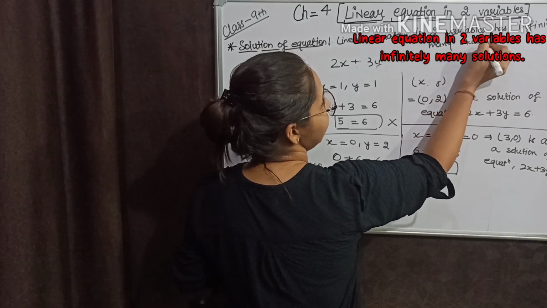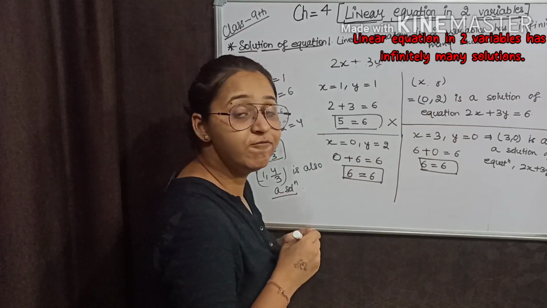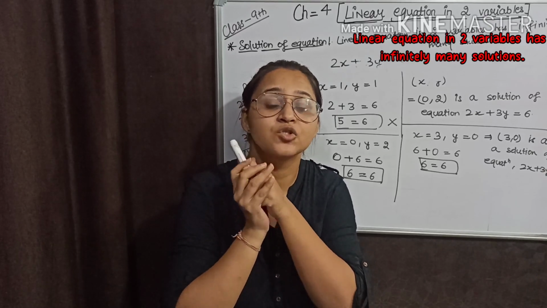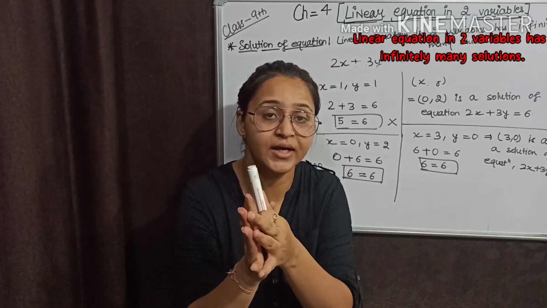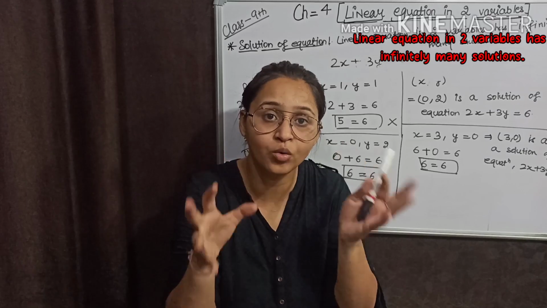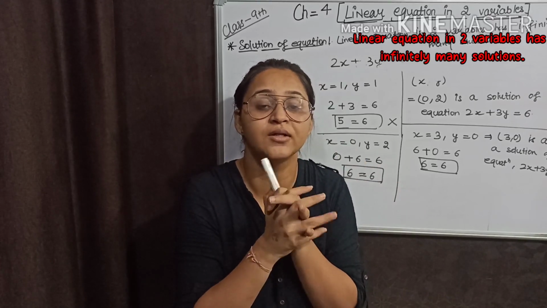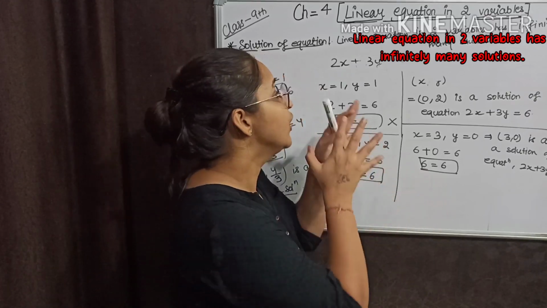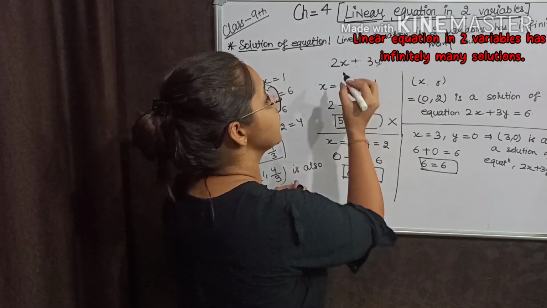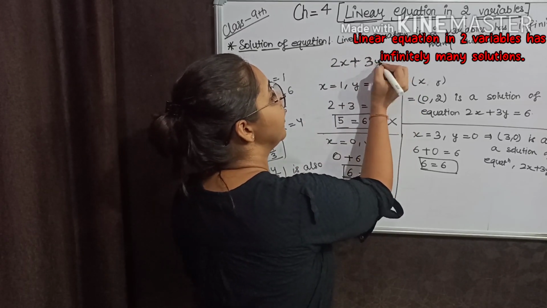What do you understand by infinitely many solutions? Infinitely means there are so many solutions. Infinite means you cannot count how many solutions there are. There are countless solutions to a linear equation in two variables.